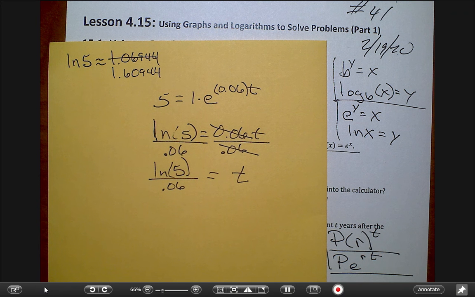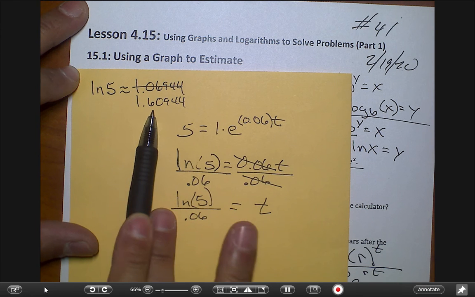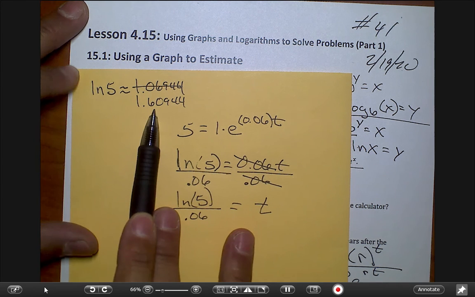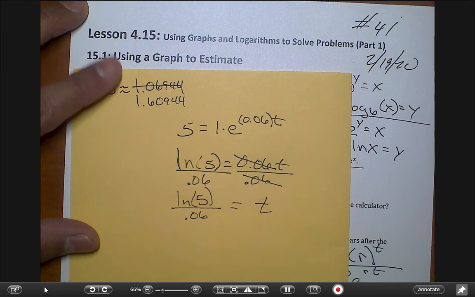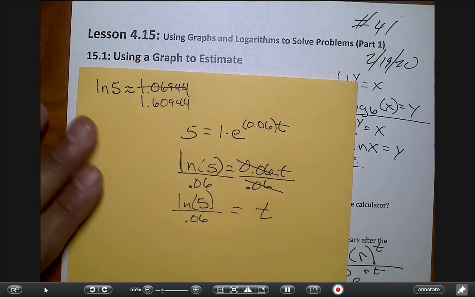So we could figure out what this is going to be. So from my word problem, the person said it should only be about a year and a half, basically, to get $5,000. But we just did all the math here. So let's see what this is going to give me now.